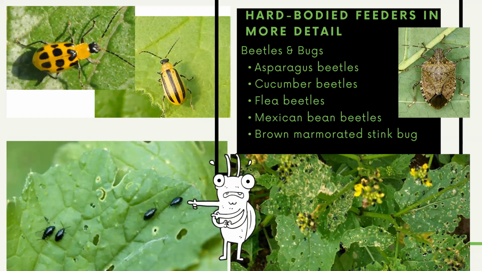Okay, bottom left corner, we have flea beetles. And flea beetles are tiny. They're about the size of a flea, probably a little bit bigger, really. And they jump just like a flea does, so hence the name. But they're a beetle, and they will stipple the leaves of your plants. And again, they prefer cole crops, so they'll eat on rupini and kale, mustard greens, things like that.